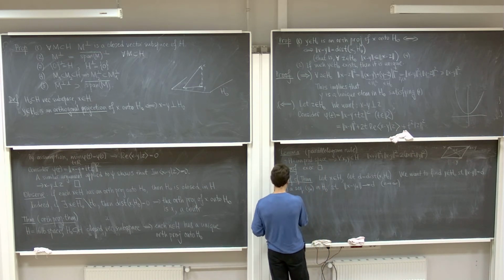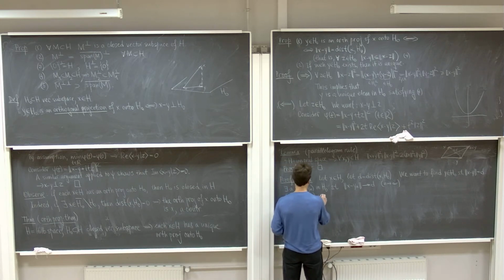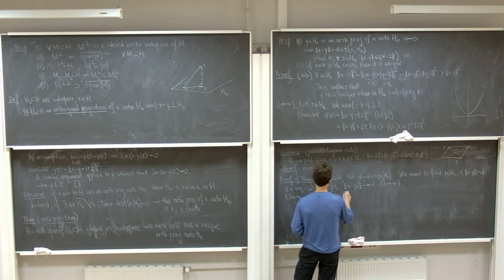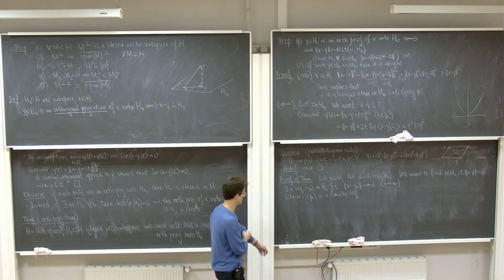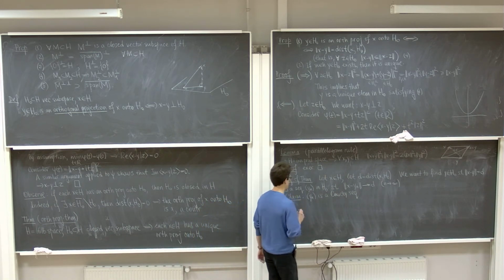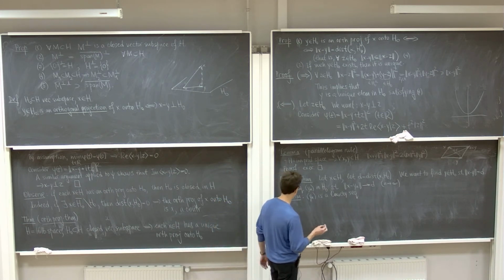I claim that yn is a Cauchy sequence. To prove that this is indeed a Cauchy sequence, we'll use the parallelogram rule in the following way.